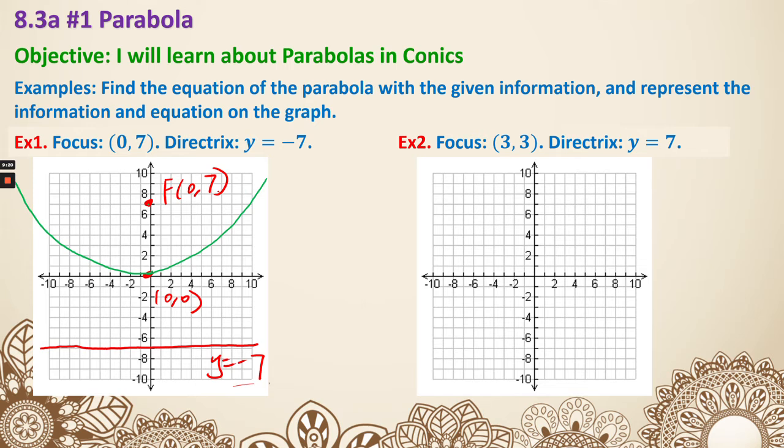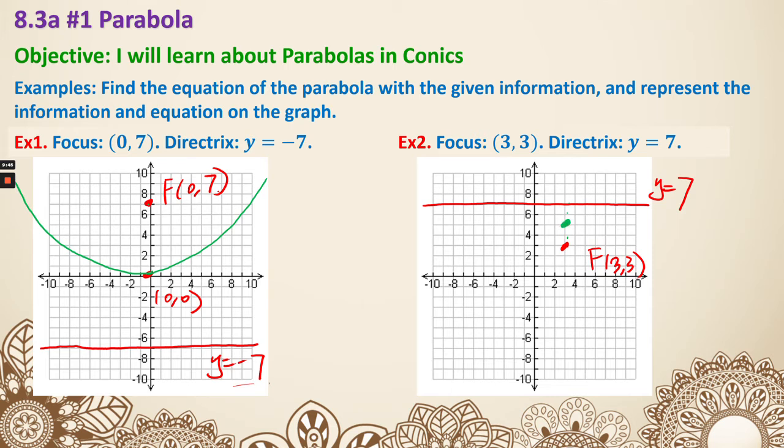Next, example 2. My focus is at (3, 3). That is my focus, (3, 3). My directrix is at y equals 7. In that case, you can see they are 1, 2, 3, 4 away from each other. So of course, halfway will be 2.